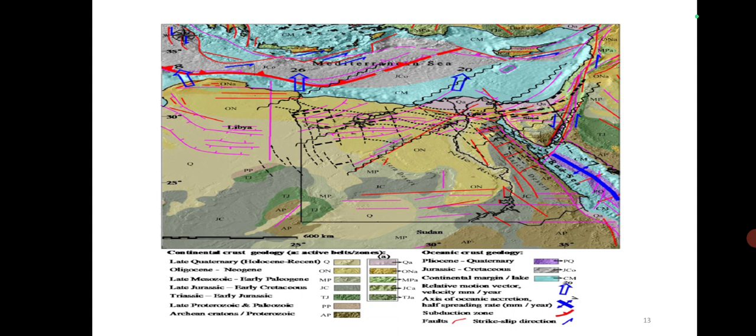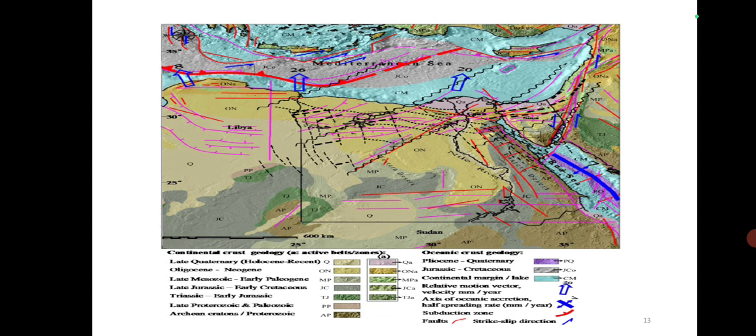That thick blue line represents the axis of the oceanic accretion, and the rate of spreading is also marked there.